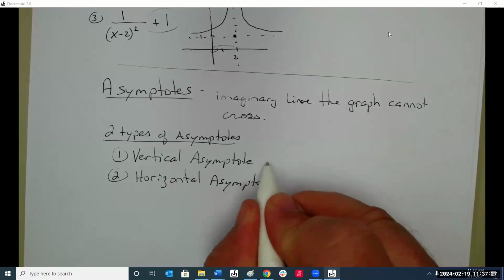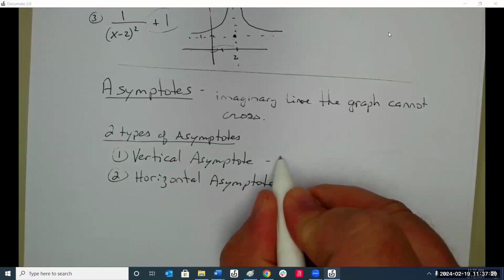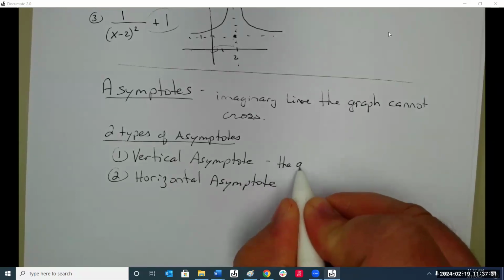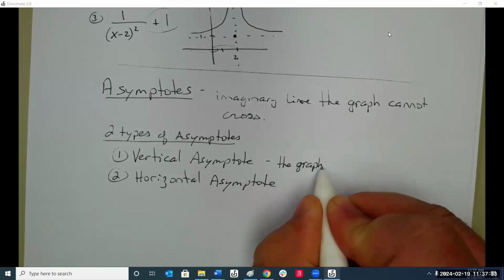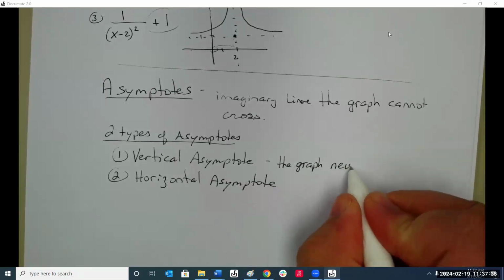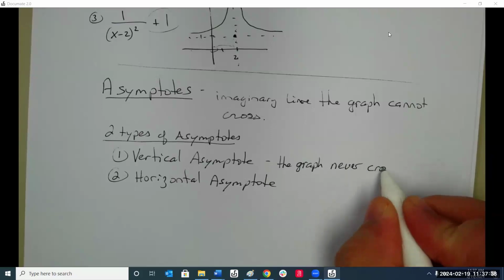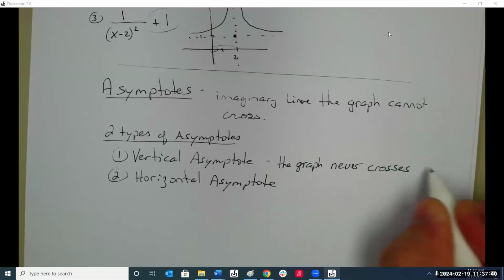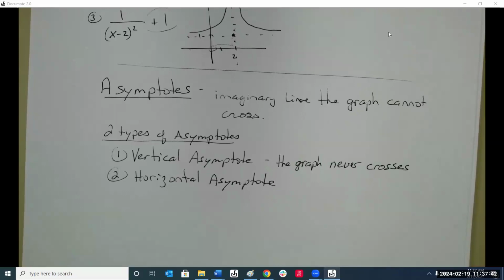So this one, the vertical asymptote, the graph never crosses a vertical asymptote, because vertical asymptotes are created whenever the denominator equals 0.